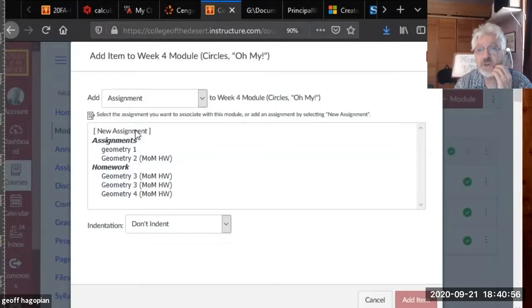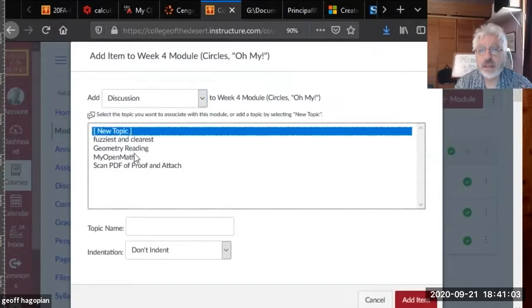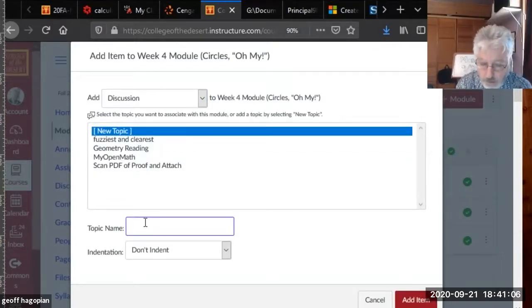As a discussion, we would like a new topic, which is going to be proofs of theorems, principles. I guess they are theorems, but principles, because they're referred to as principles in the text, 5 and 6 for midpoints.